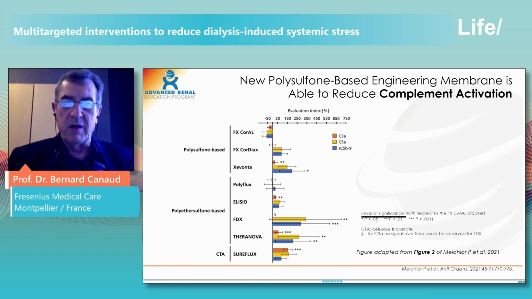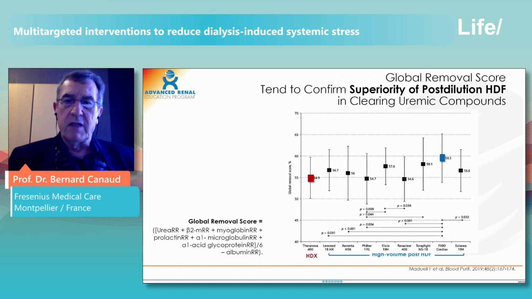This is shown in this study, showing that by adding some PVP to the polysulfone, you can reduce tremendously the activation.